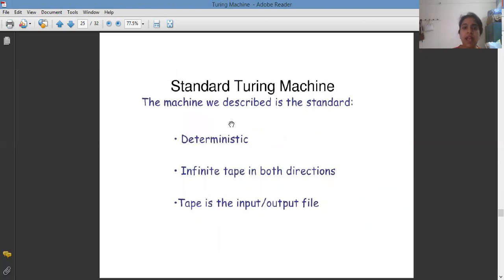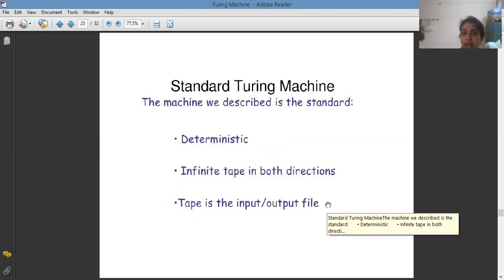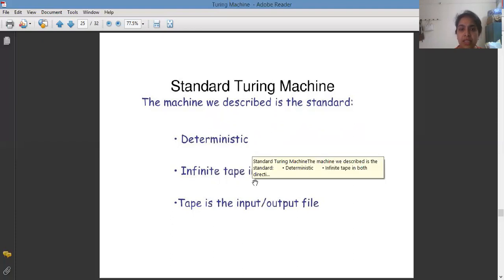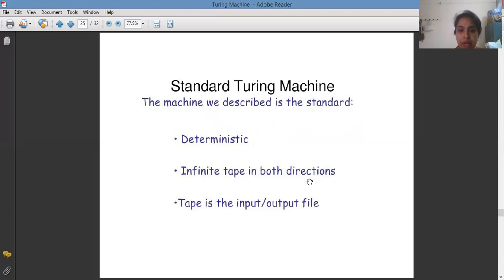Now, we can have deterministic Turing machines, and we can have non-deterministic Turing machines, as well as output-producing Turing machines. So if we summarize, what we learned is the deterministic Turing machine, which has a tape in which both ends are infinite.